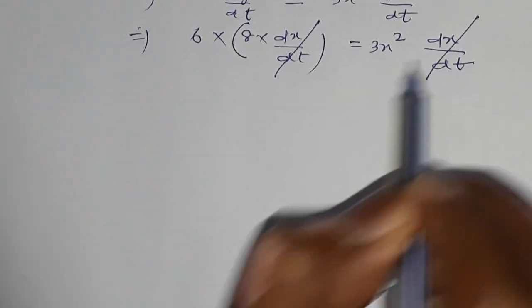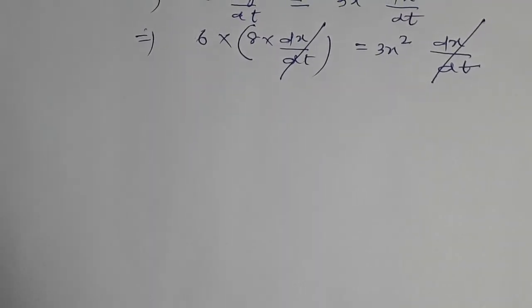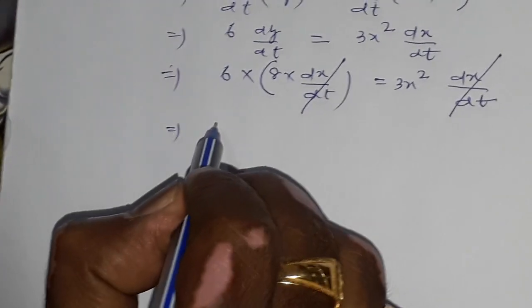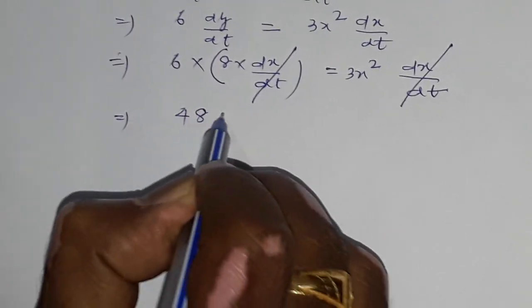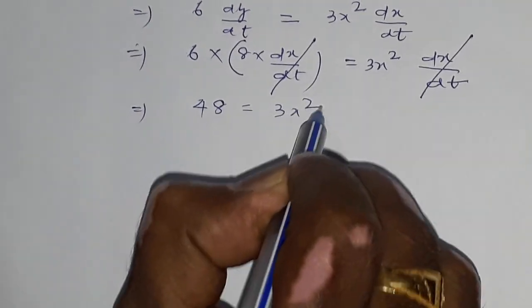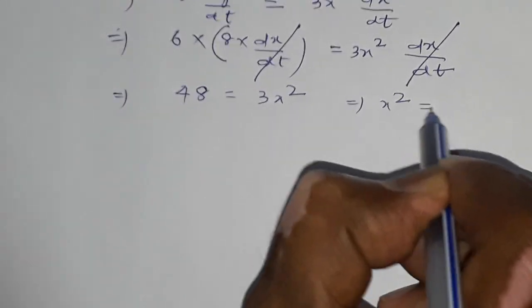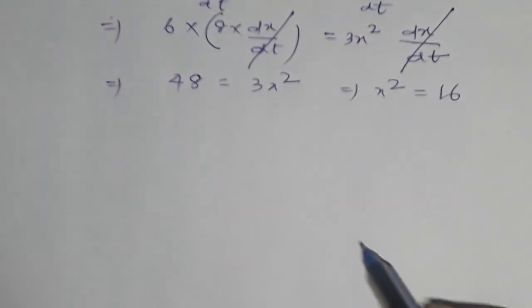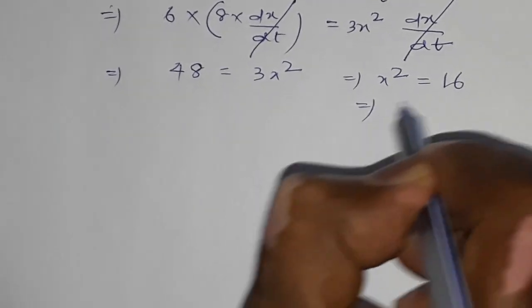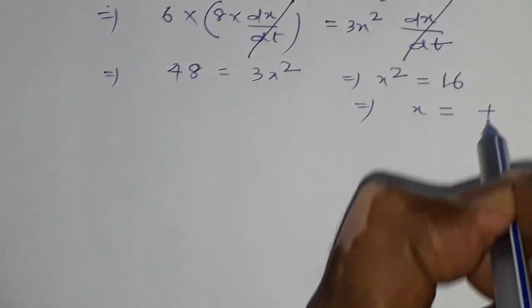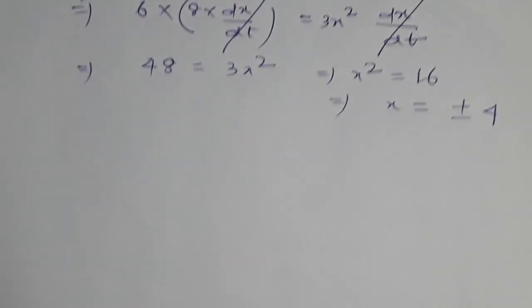dx by dt will be cancelled, implies 48 equals 3x square, implies x square equals 16, implies x equals plus minus 4.